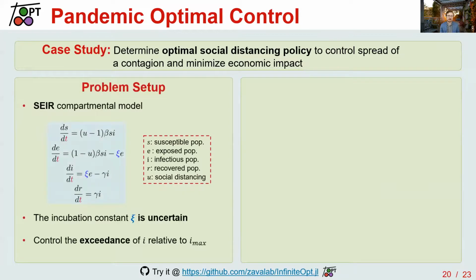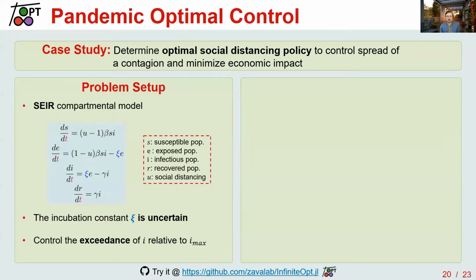We're going to model this using what's called the SEIR model, which considers 4 populations, those of being susceptible, exposed, infectious, and recovered, and then uses this variable U that enforces a sort of mandatory quarantining policy to isolate infected individuals. Here, because this might be some sort of new disease, we'll consider the incubation constant XC to be uncertain. We don't know quite what it is, but we know the distribution that it might follow.